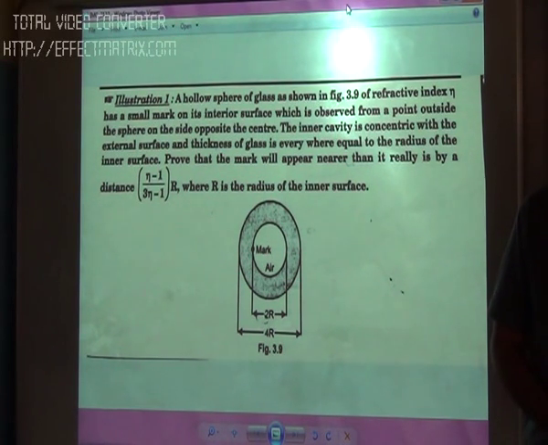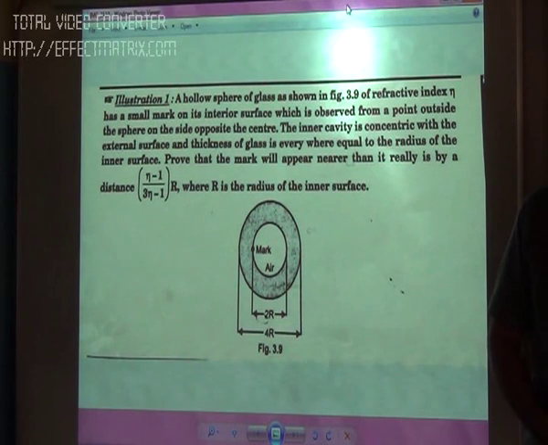In all the 4 cases we have got the same uniform relation, that is mu2 upon v plus mu1 upon u is equals mu2 minus mu1 upon r. Okay, this is the situation we got.